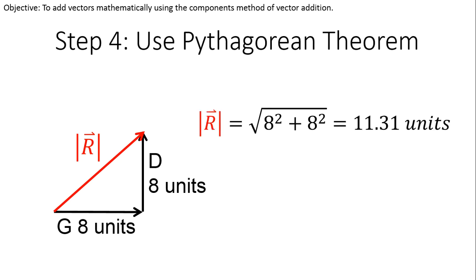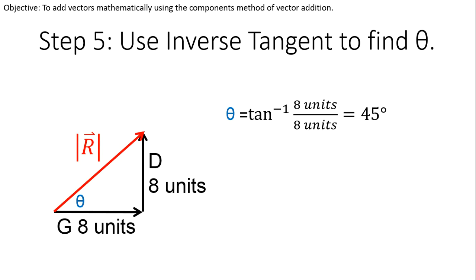And here it is. So it's going to be c squared is equal to a squared plus b squared. And if you take the square root to both sides, the resultant vector, the magnitude becomes the square root of 8 squared plus 8 squared, or 11.31 units. That's going to tell us how long our vector is. And the last and final step is going to be able to use the inverse tangent to give us our angle theta.